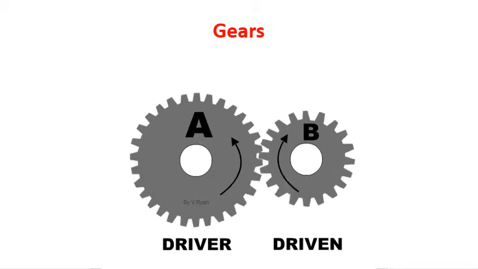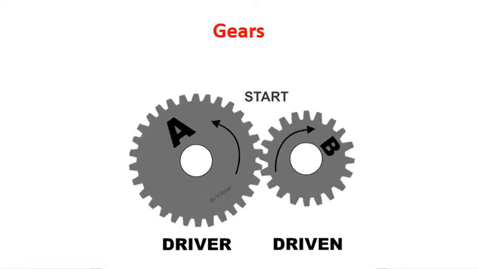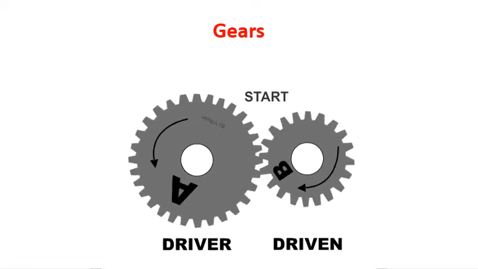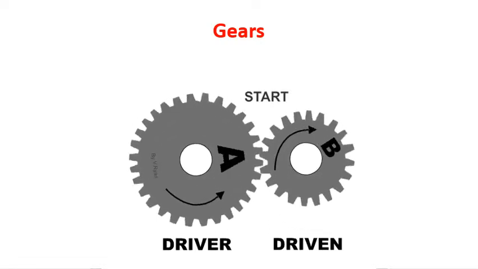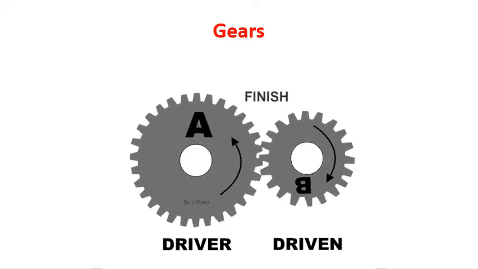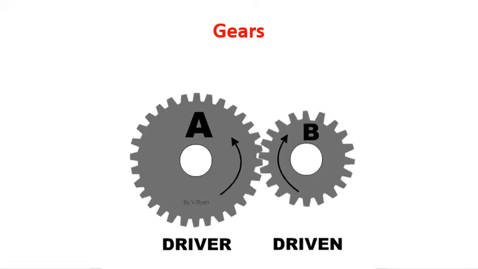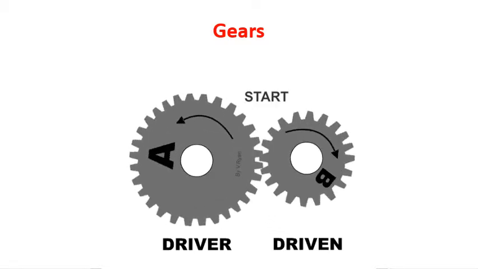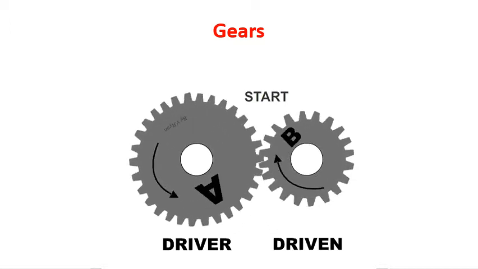Suppose in this video, there are two gears, gear A and gear B, right? Gear A is the driver, whereas gear B is the follower or driven. Both the driver and the driven have physical contact, therefore we call it a positive drive.